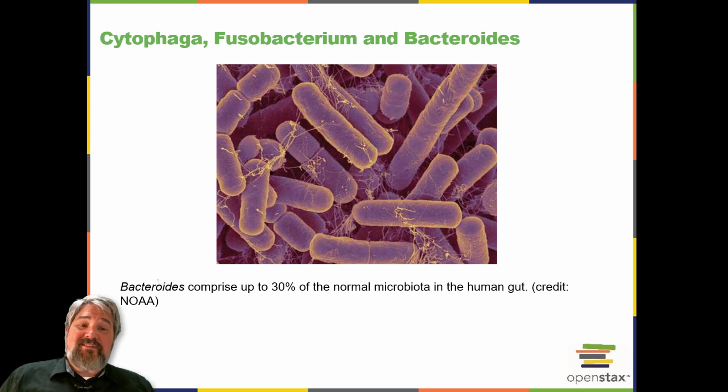Cytophaga, Fusobacterium, and Bacteroides. The gram-negative non-proteobacteria of the genera Cytophaga, Fusobacterium, and Bacteroides are classified together as a phylum called the CFB group. Although they are phylogenetically diverse, bacteria of the CFB group share some similarities in the sequence of nucleotides in their DNA.